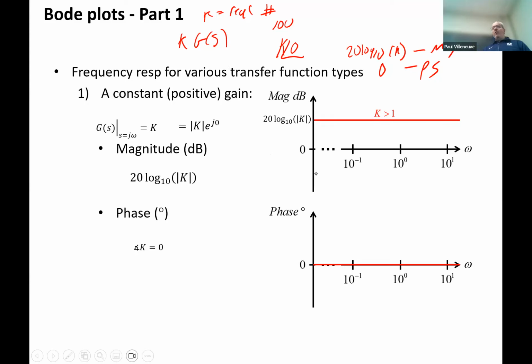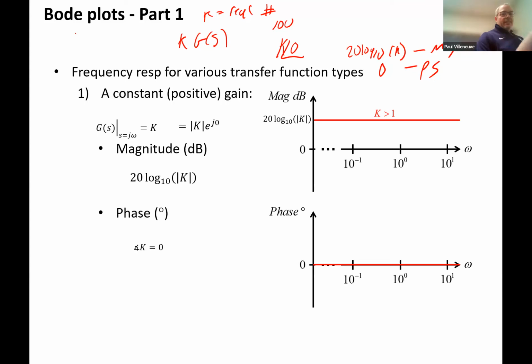I can go 0.01 radians per second, or I can go up to 1,000,000, and regardless of the input frequency, that gain is a constant value. It never deviates. Same thing with the phase shift. It doesn't depend on the value of omega. Because K is a real number, it has a constant gain, adding or subtracting depending on whether it's greater or less than 1, and its phase shift is always 0.